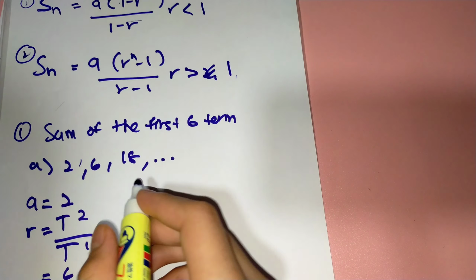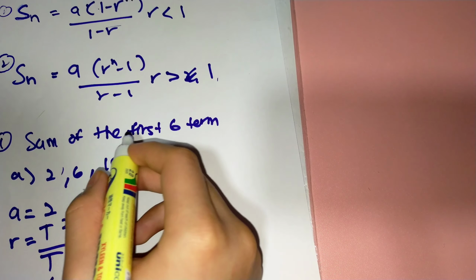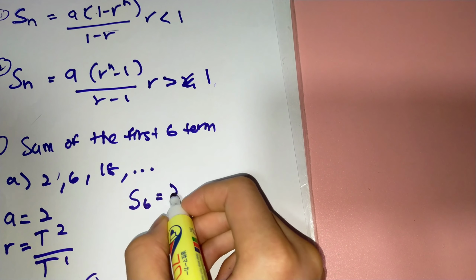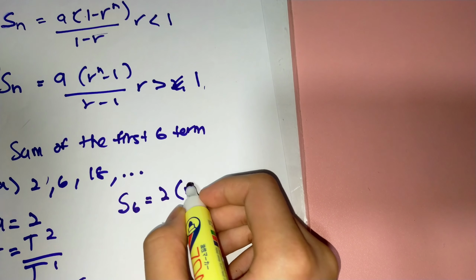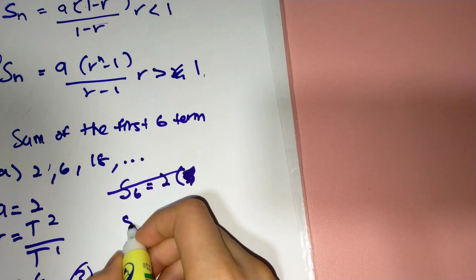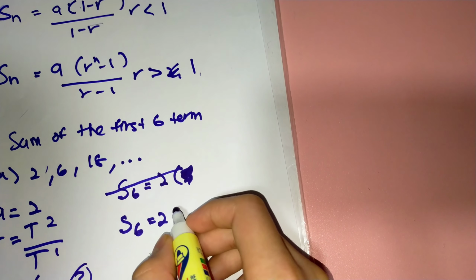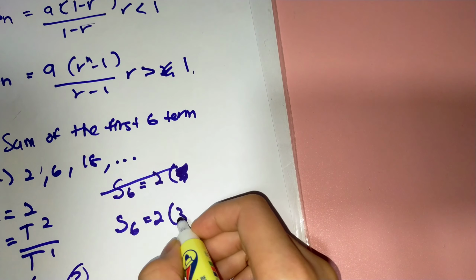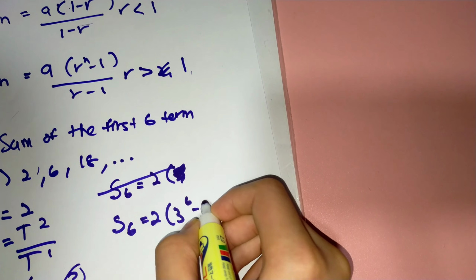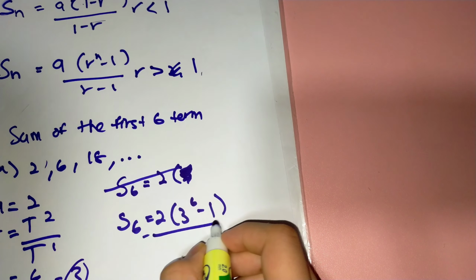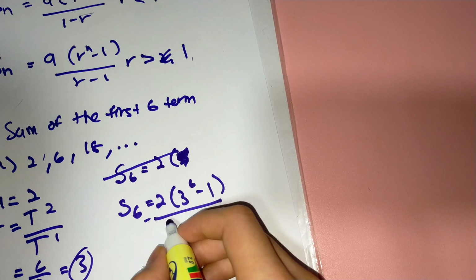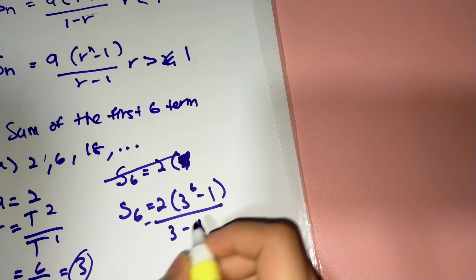Okay, so we will substitute it. We want to find S6, where a is 2 and r is 3. S6 equals 2 times (3 to the power 6 minus 1) over 3 minus 1.